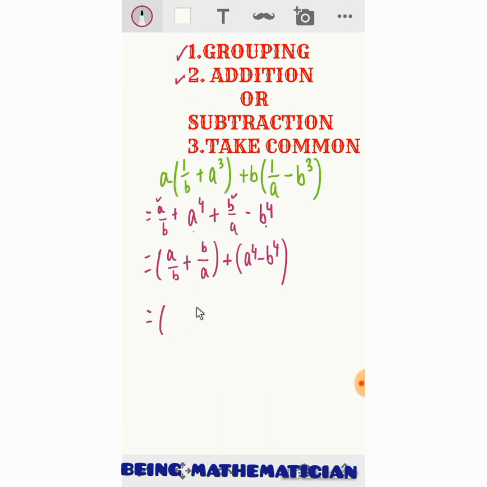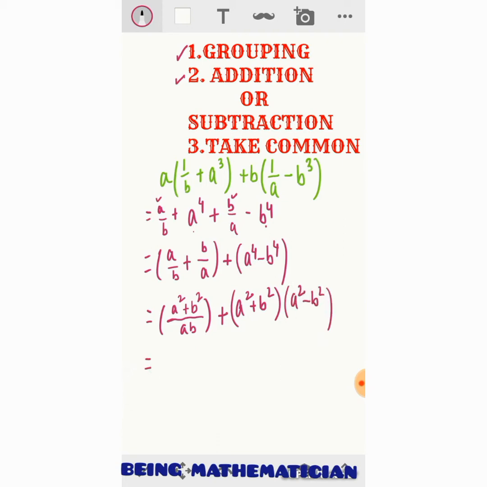We add this term, and here we can apply this formula, a square minus b square equal to a plus b into a minus b. We can write a square plus b square into a square minus b square.